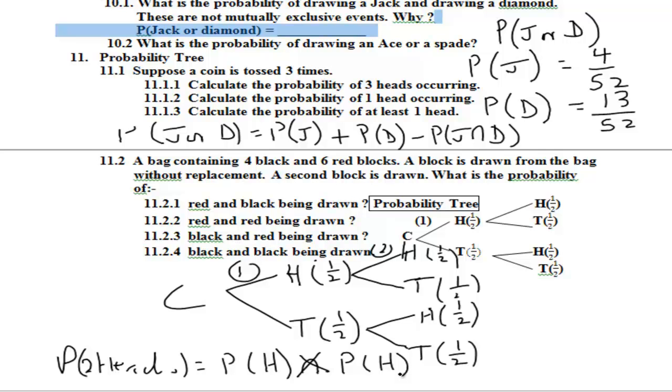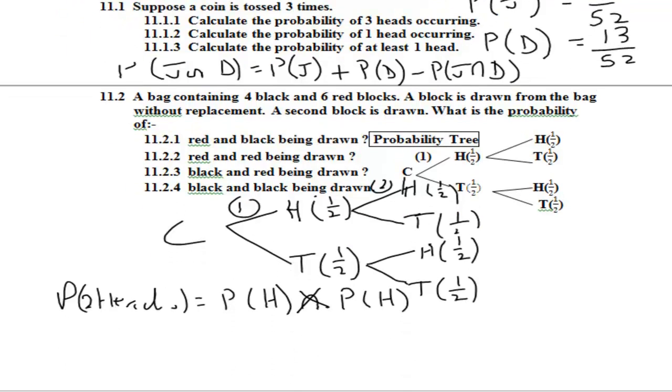Probability of getting a head followed by a tail: half times half. Head and tail, they're not telling you in which order, so you can get head then tail, or tail then head. So head and tail will be a quarter, tail and head will be a quarter, so you've got to add those results which we just discussed.